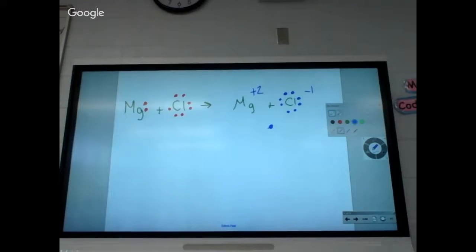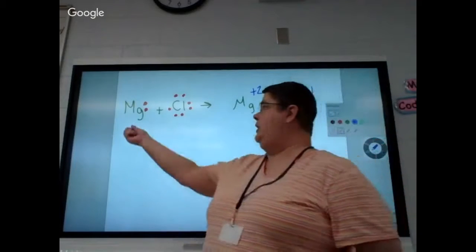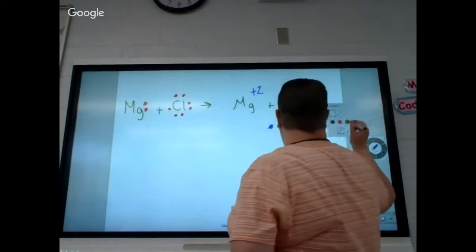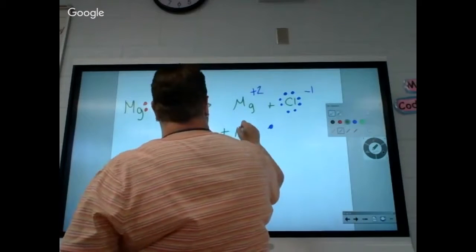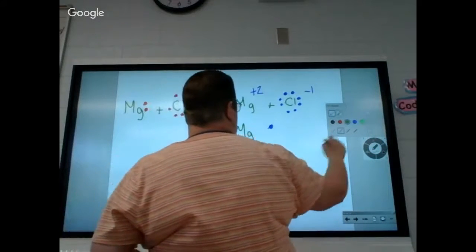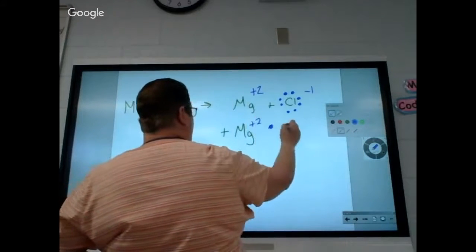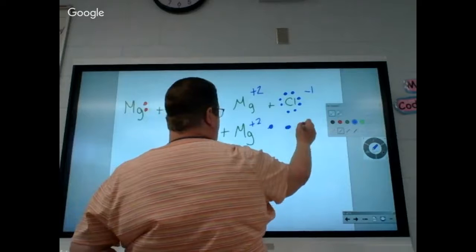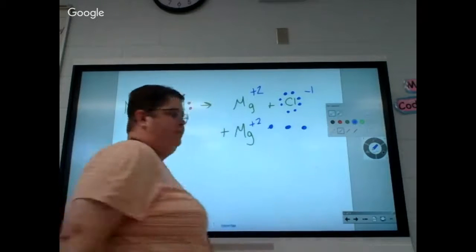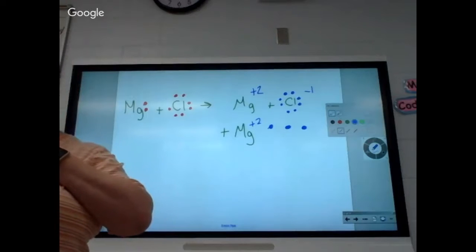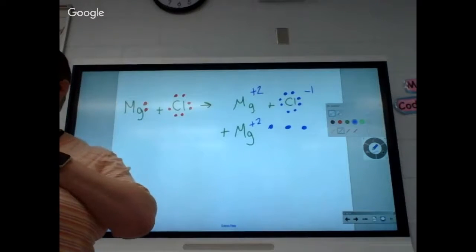Now, our options are either an Mg or a Cl. If we add another Mg, it's going to lose 2 more, and we're going to wind up with how many homeless electrons? 3. Are we fixing our problem? No. So do we want to add another Mg?